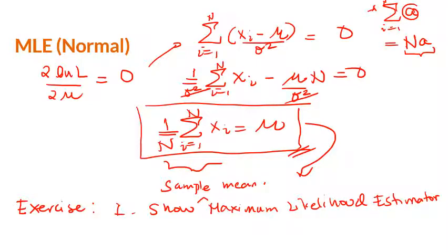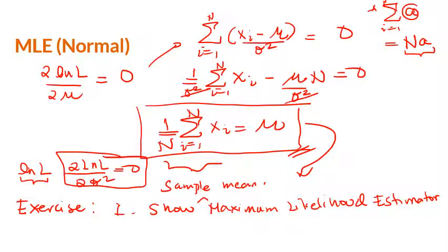And since meron na tayong expression for our log likelihood function, which is your ln L, we can also take yung partial derivative niyan with respect to your variance, sigma squared, and then equate it to 0 to obtain a maximum likelihood estimator for your variance.